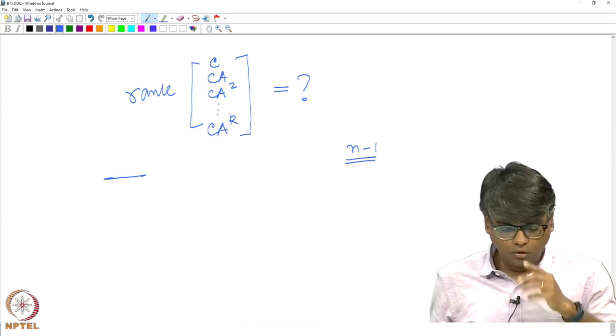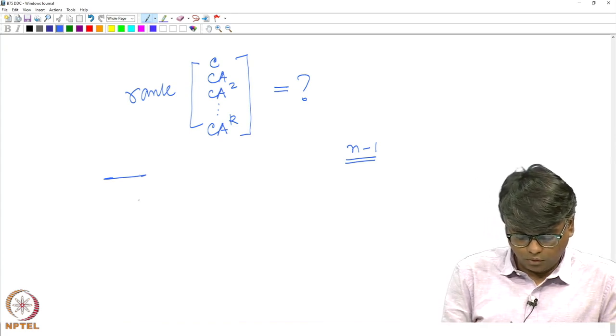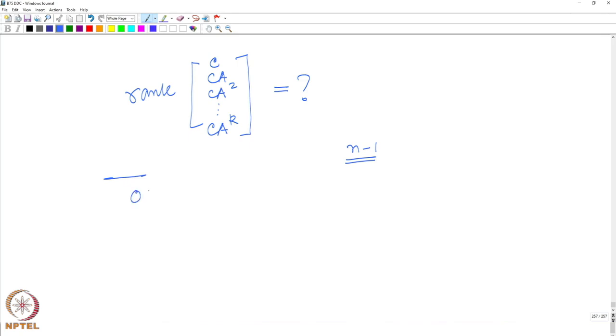Okay. So, let us say we assume observability. Now, look at R to the power n first. I look at the kernel of C. Let me give some names also.